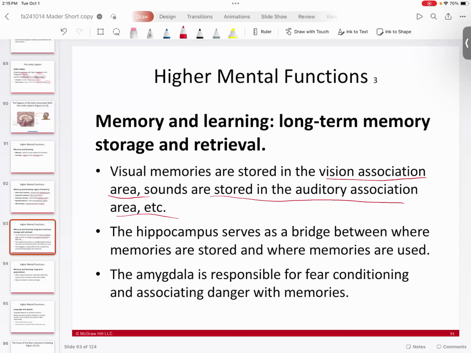So this is essentially the connector that connects the memory with its use. The amygdala is essentially fear, and it's associated with danger, associating danger with different memories.